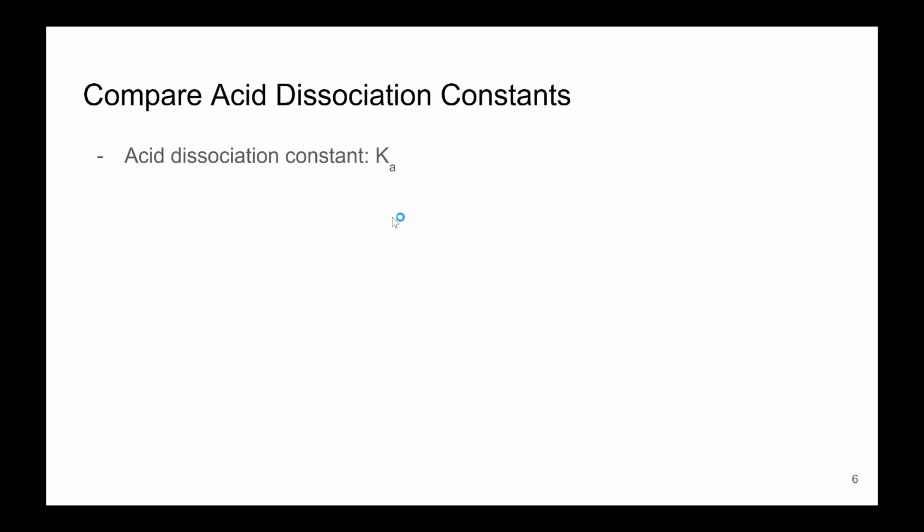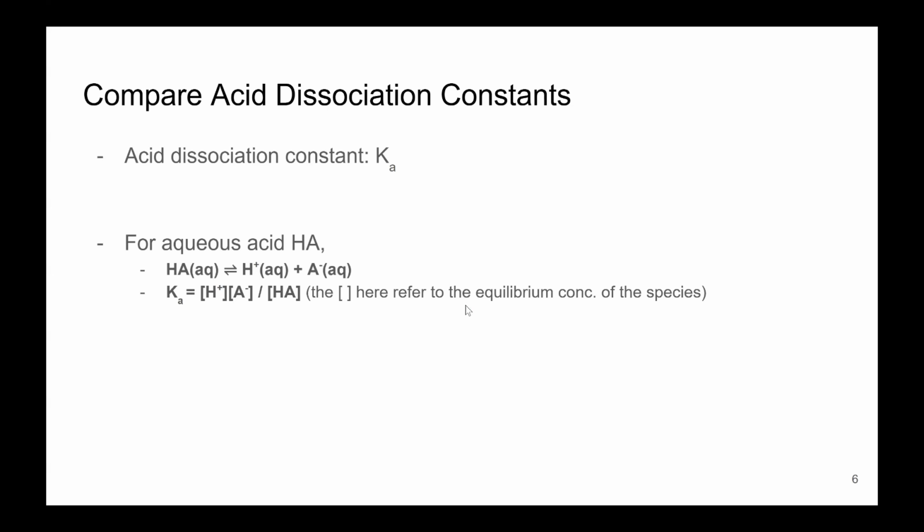The acid dissociation constant, or Ka, is just the equilibrium constant for this reaction. It equals the concentration of the H+ ions times the concentration of the A- ions over the concentration of the undissociated species inside a solution at equilibrium.